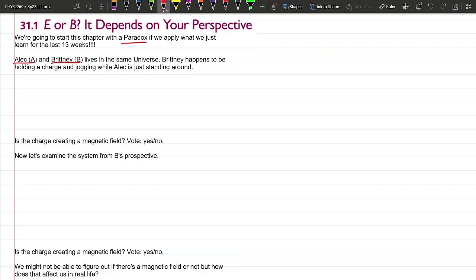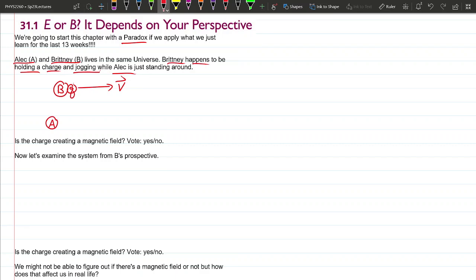Brittany is holding a charge and jogging while Alec is just standing still. I'm going to draw Alec with an A, standing still, and Brittany with a B. She's the one holding a charge Q, and she's jogging in some direction with some velocity v.